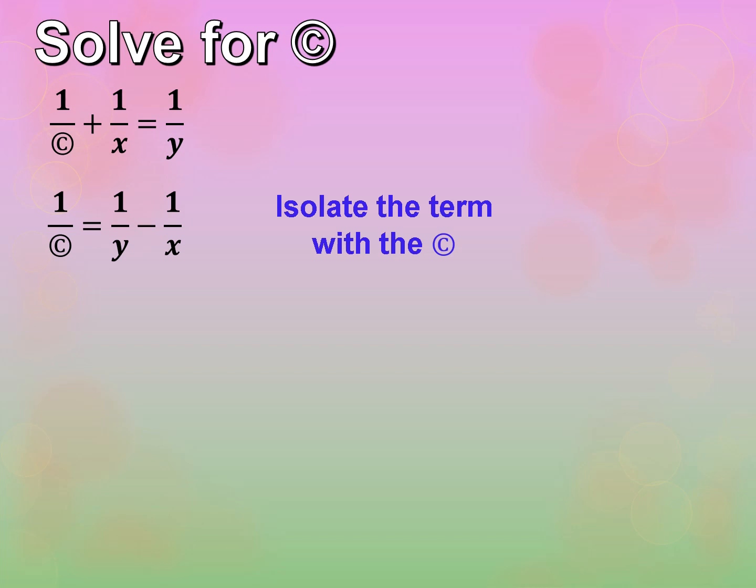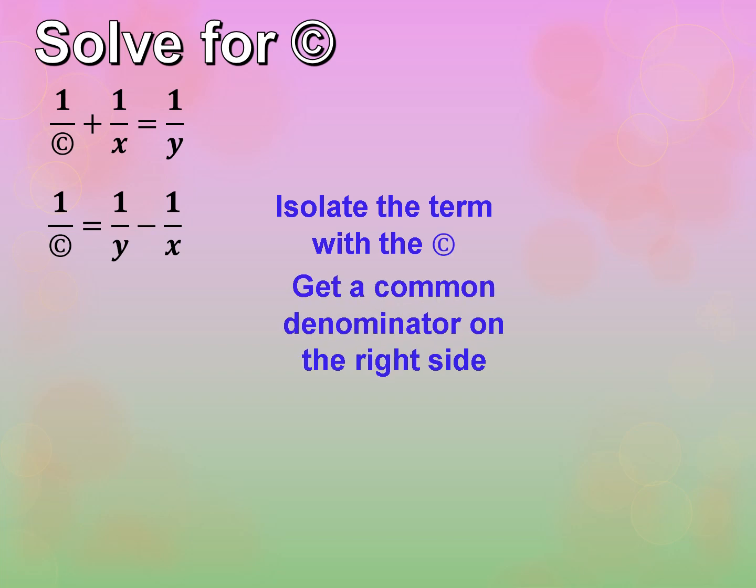The next thing we're going to have to do is get a common denominator on the right side. We're not messing with the left side any. We're just going to get a common denominator on the right side. And that common denominator would be x times y.